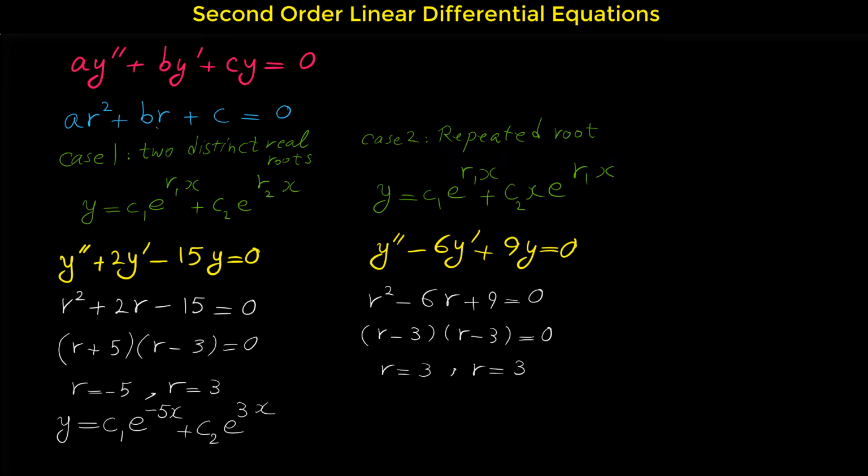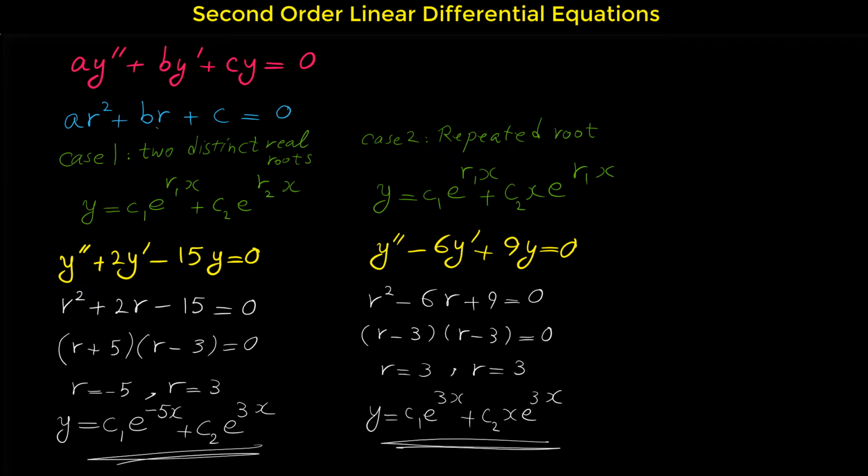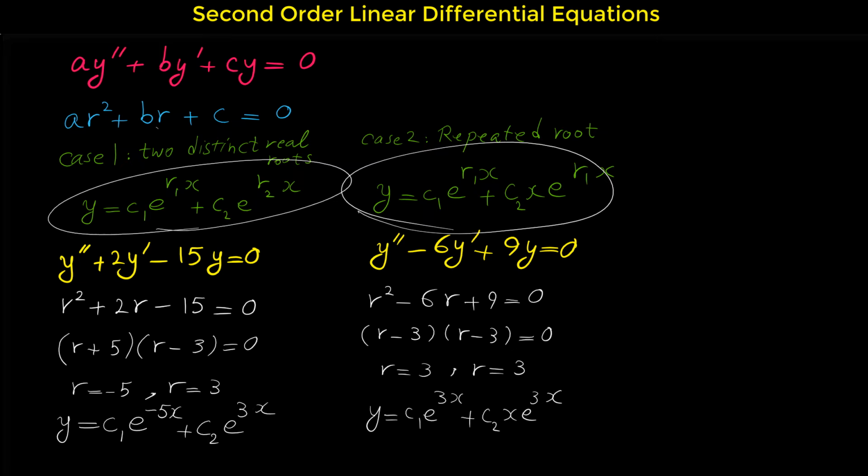So the solution of this differential equation is c sub 1 e to the 3x plus c2 x e to the 3x. The only difference between this and this is that here, because the root is repeated, you have to multiply by x.